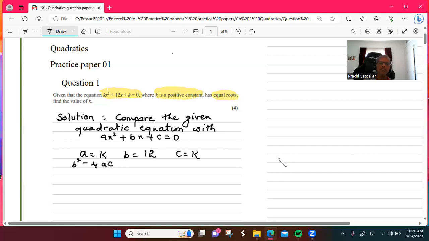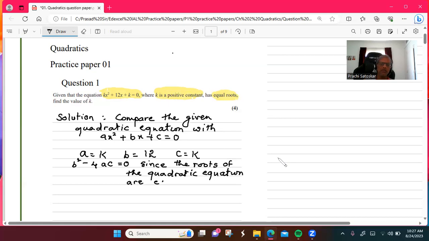And since it is given that the quadratic equation has equal roots, this discriminant is equal to 0, since the roots of the quadratic equation are equal.